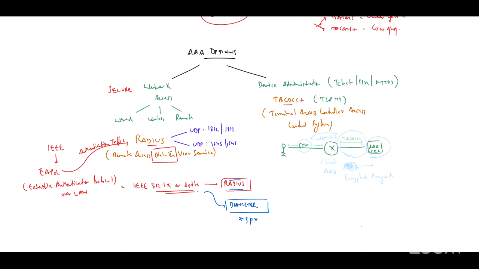So 1812, 1813 are the older ports. 1645, 1646 are next gen ports. There's no real difference in when you would see Radius working over either of these ports. If we talk about something like ISE, ISE supports both.